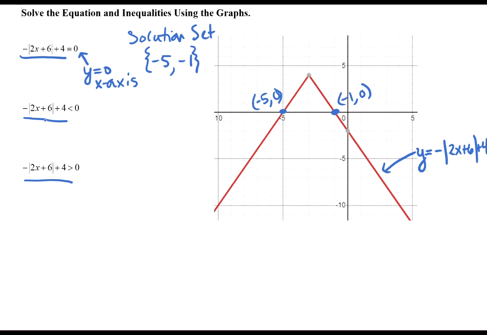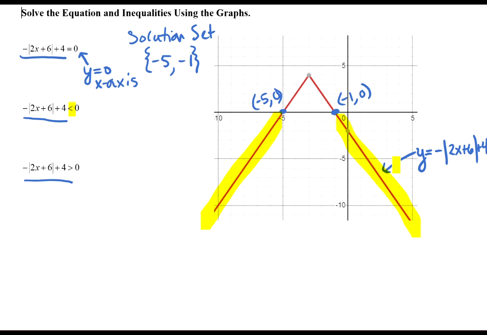The middle inequality here, or the first one as we go down the page, has a less than. So we're looking at when is the absolute value graph less than 0, or below the x-axis. Because this V is opening down, it ends up being below the x-axis on its two ends, one area on the right, one area on the left.